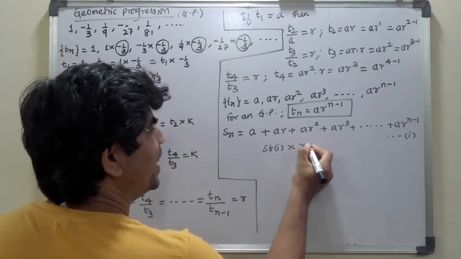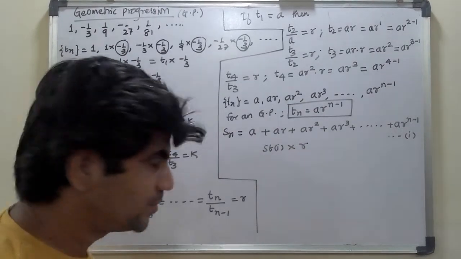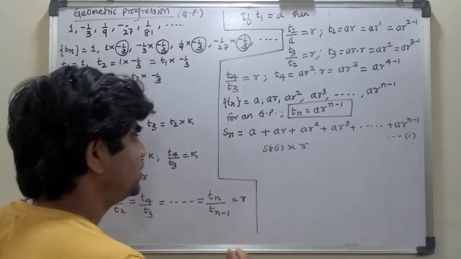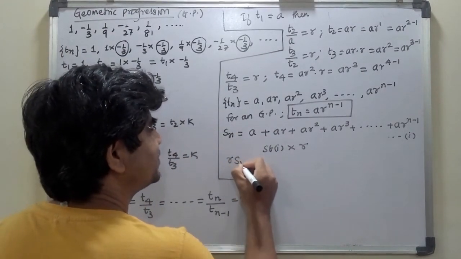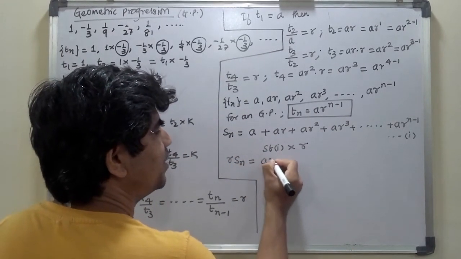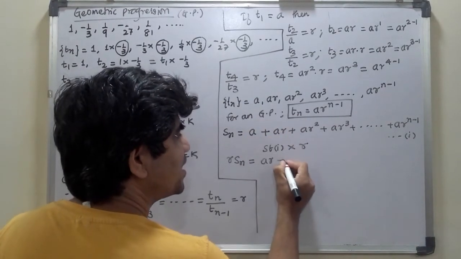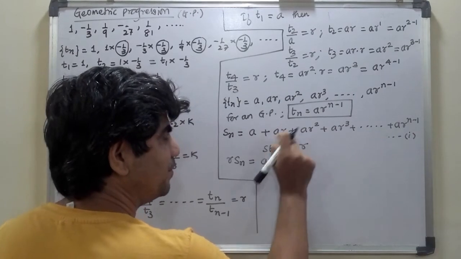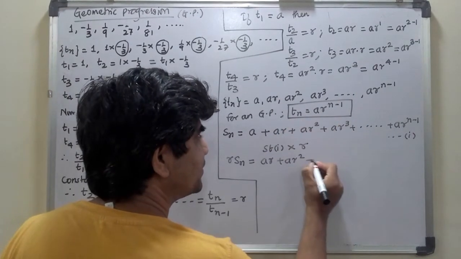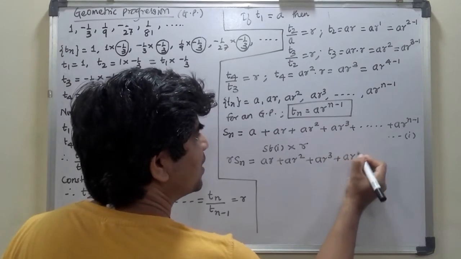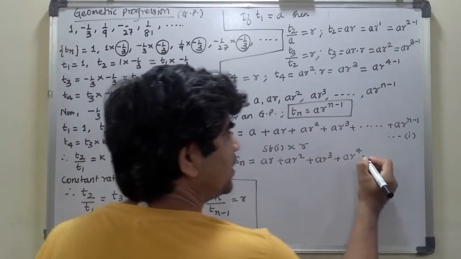Now multiply it by R, the common ratio. Left side multiplied by R, right side multiplied by R. So you get RSn is equal to A into R plus AR square into R, AR cube, AR raised to 4, right?